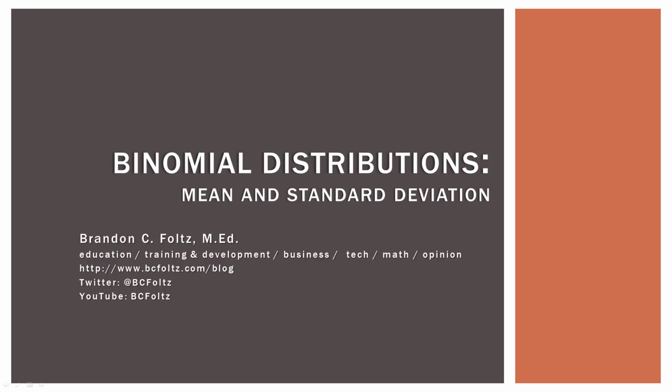Okay, so that wraps up the next video on the binomial distribution. In previous videos we talked about each individual probability for each outcome. We talked about the cumulative probability for sections of our distribution. So if we wanted to know the probability of 6 or more sales, we had to find the probability of 5 or less and then subtract that from 1.